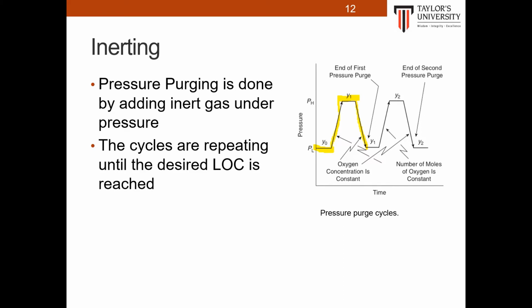Because we add in more inert gas here, our oxygen is reduced. And when it comes back down to atmospheric pressure, we let it sit for a while. And we continue to push a second cycle of inert gas into the vessel to the higher pressure that it can withstand. We let it mix, sit for a while, and again release the content of the tank back to atmospheric pressure.